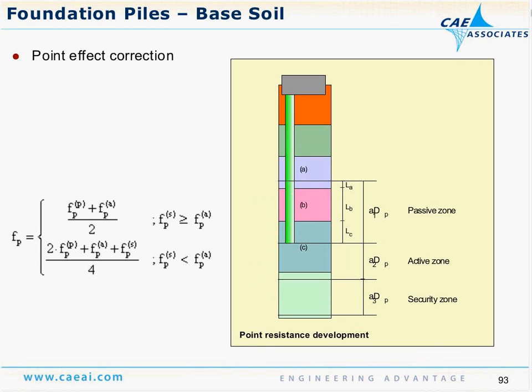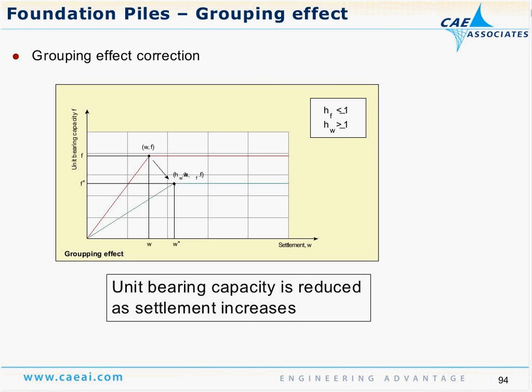The underlying soil is also taken into account in the point effect correction, so we can look at the effect of the underlying active zone as well as the security zone below the pile itself.